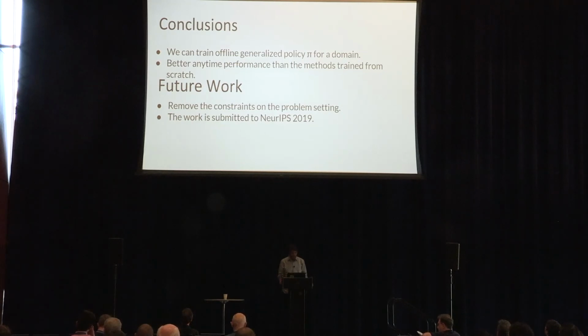So in conclusion, we give a generalized policy for every domain, and the method continues to remain better than when trained from scratch. The future work involves removing those constraints of unary fluents and non-fluents, and we hope that it can solve every MDP problem in the RDDL domain.